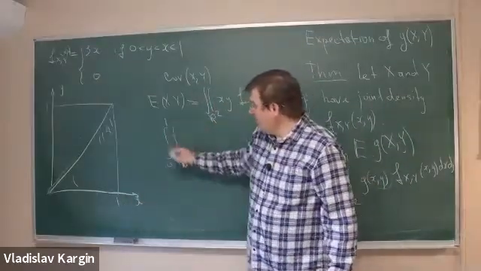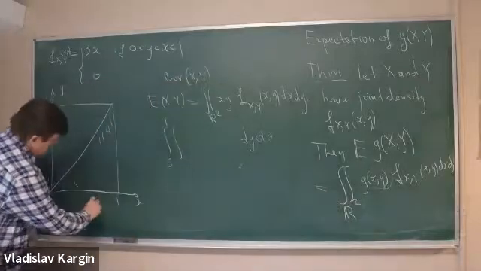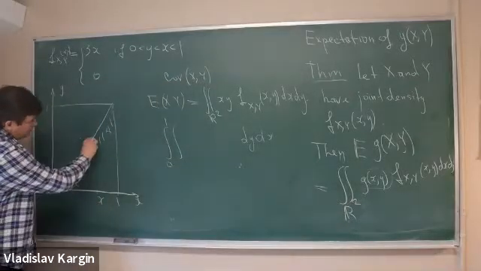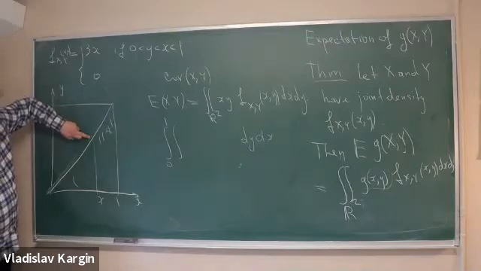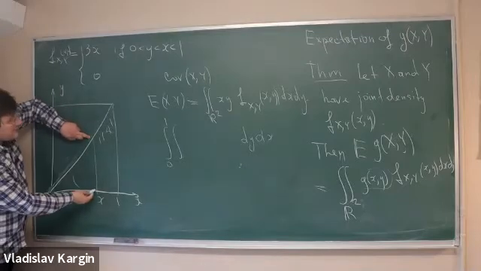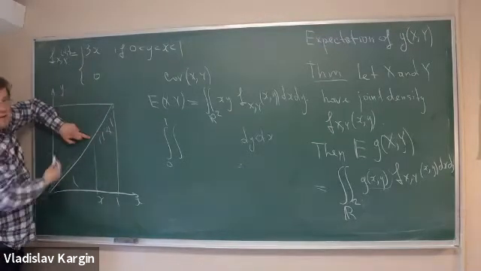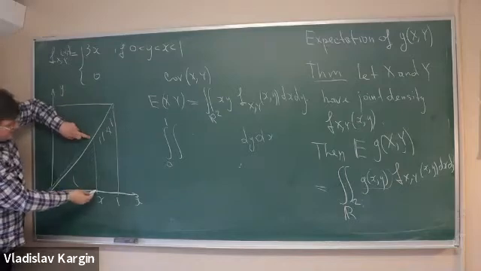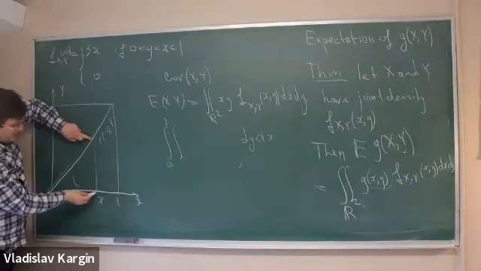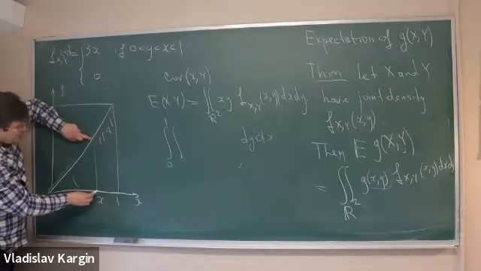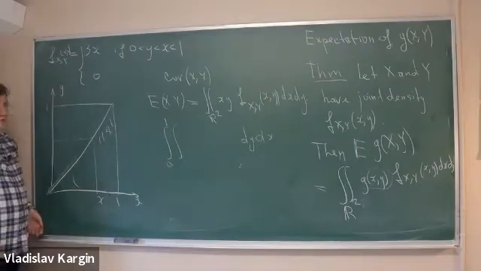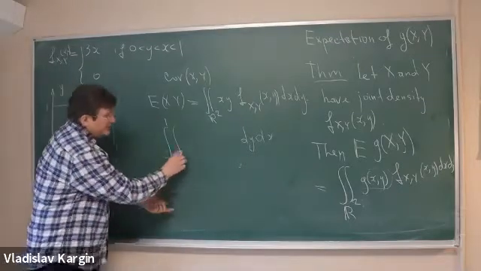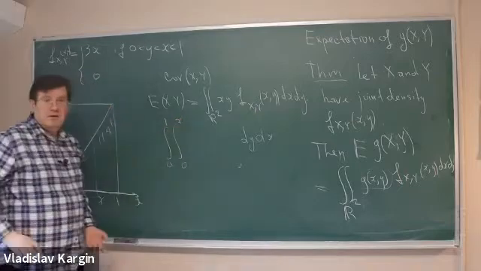If you fix x, now you need to do the inner integral over y. And in this case, the formula 3x is only valid in the interval from y equal to 0 to y equal to x.